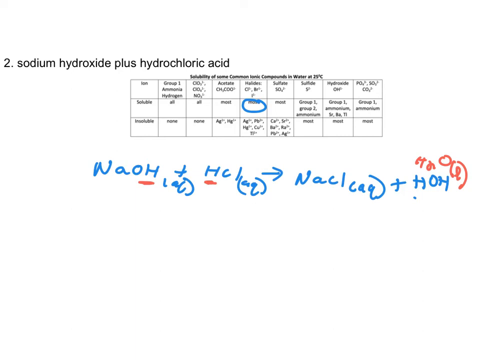So the liquid is the thing that participated in the reaction, the hydrogen and the hydroxide. The sodium and the chloride remained in aqueous solution. So my net ionic equation is OH- in aqueous solution plus H+ in aqueous solution yields H2O, a liquid.